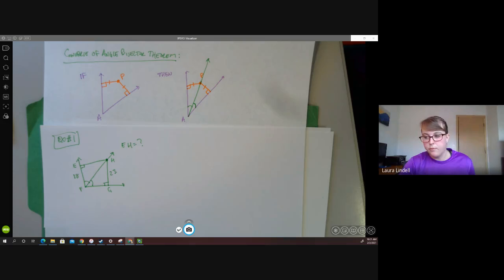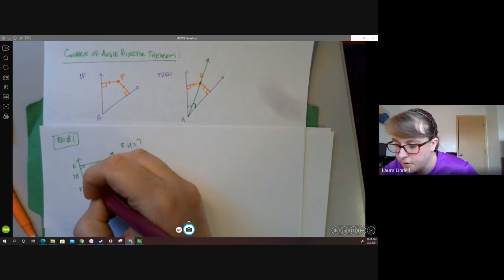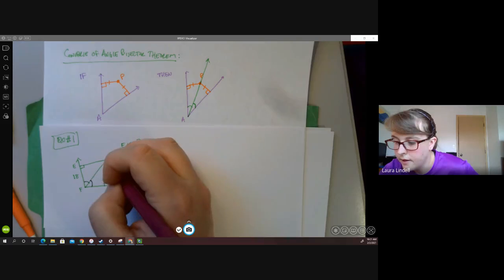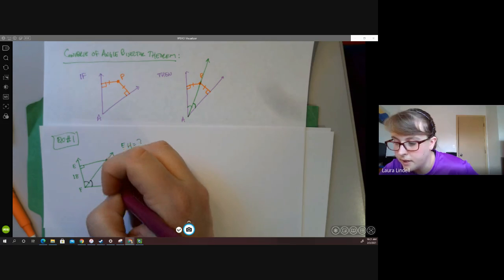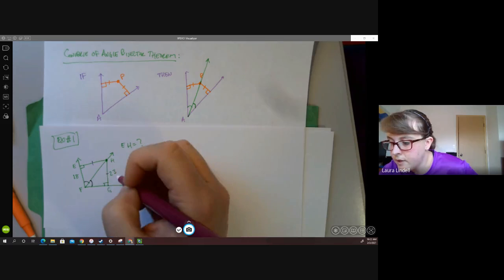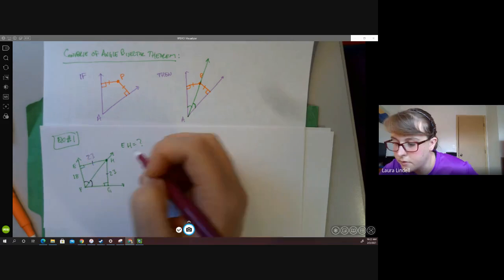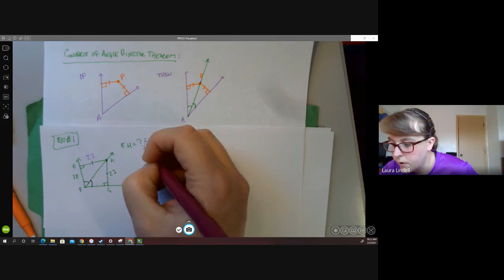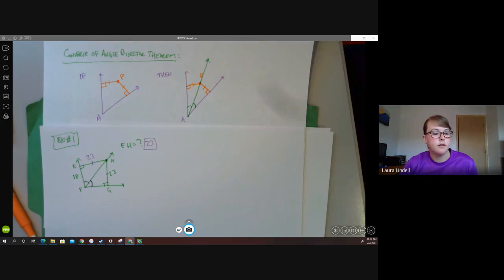So when we look at this one, we know that because this is an angle bisector, then this point is the same distance to each of these sides of the angle. So if this is 23, then this is also 23, so EH would be 23. And again, just like we saw with the perpendicular bisector stuff, that's kind of the simplest case.